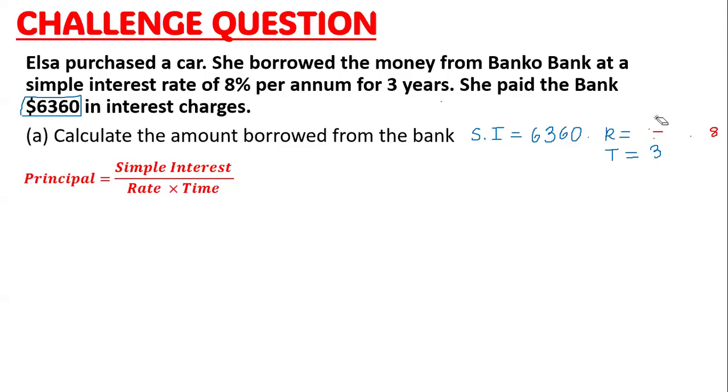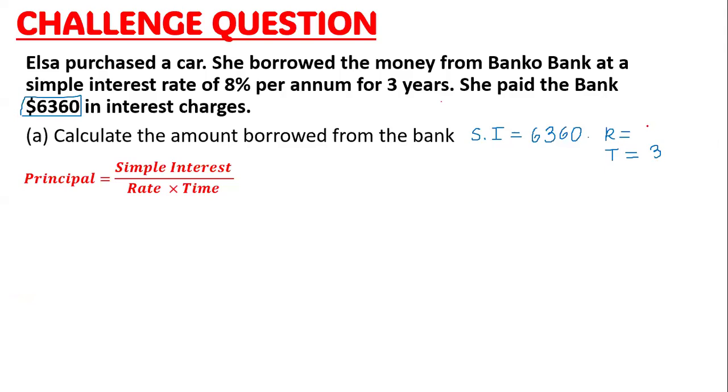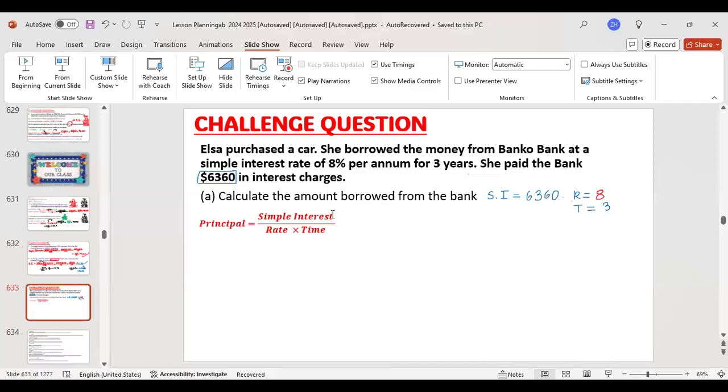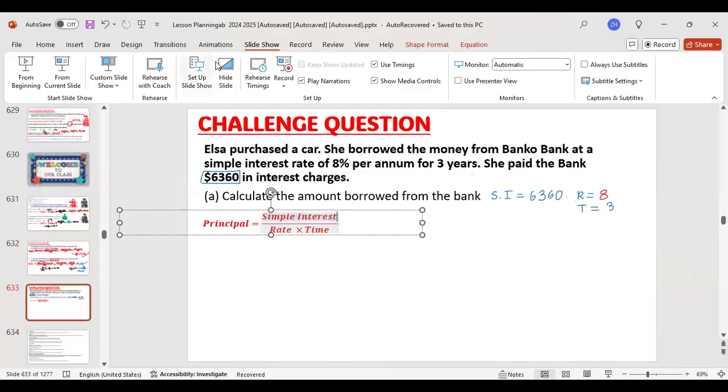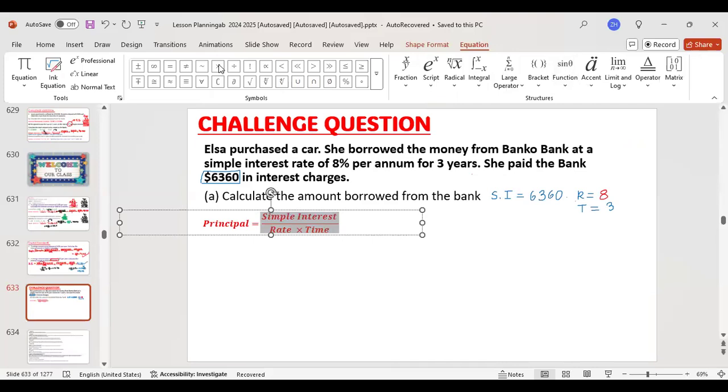I don't want the rate as a decimal. I want the rate as a regular number, so I'm going to take the simple interest and multiply it by 100. In the formula, the interest will be multiplied by 100 every time.